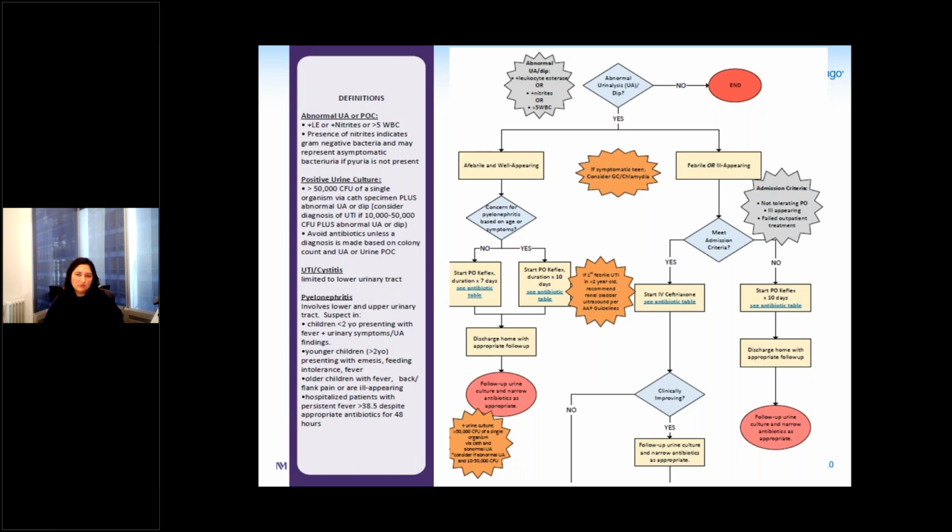Treating a patient based on one or the other is difficult, and is probably one of the more common reasons for overtreatment. If the UA is negative and there's no evidence of inflammation, it's not likely to be a UTI.